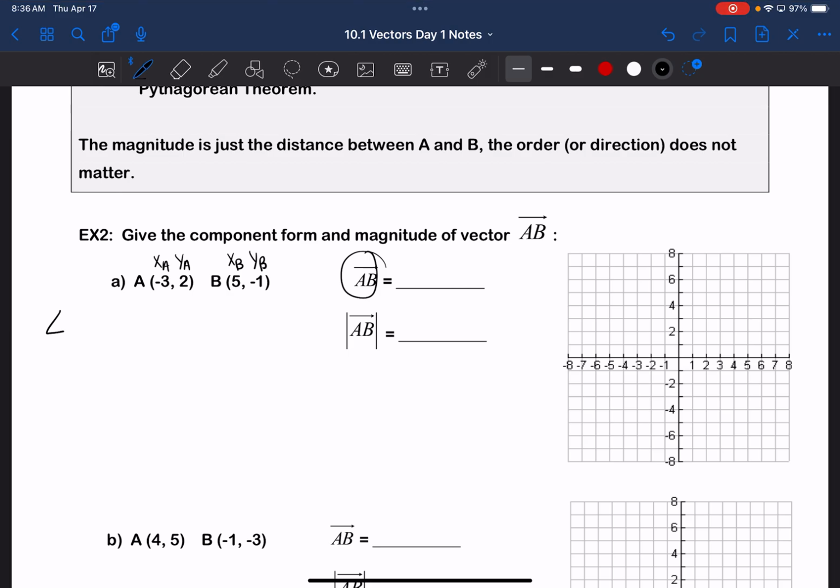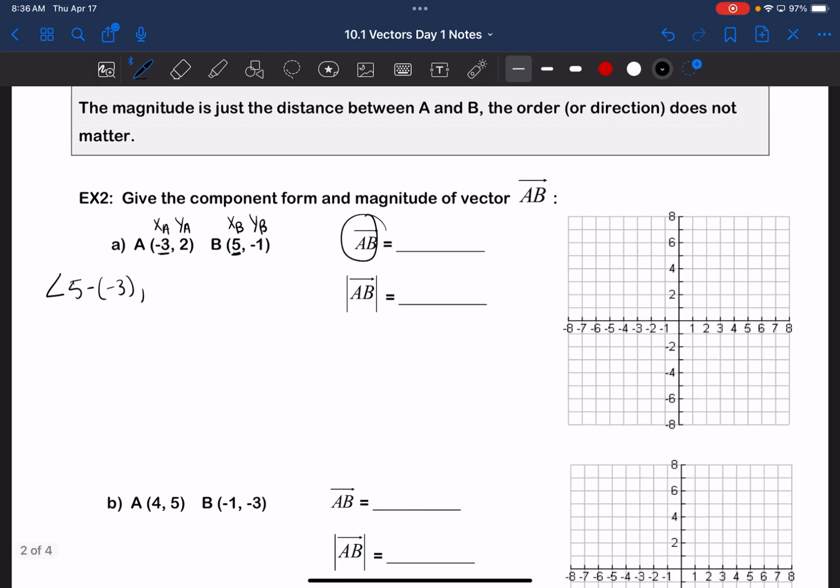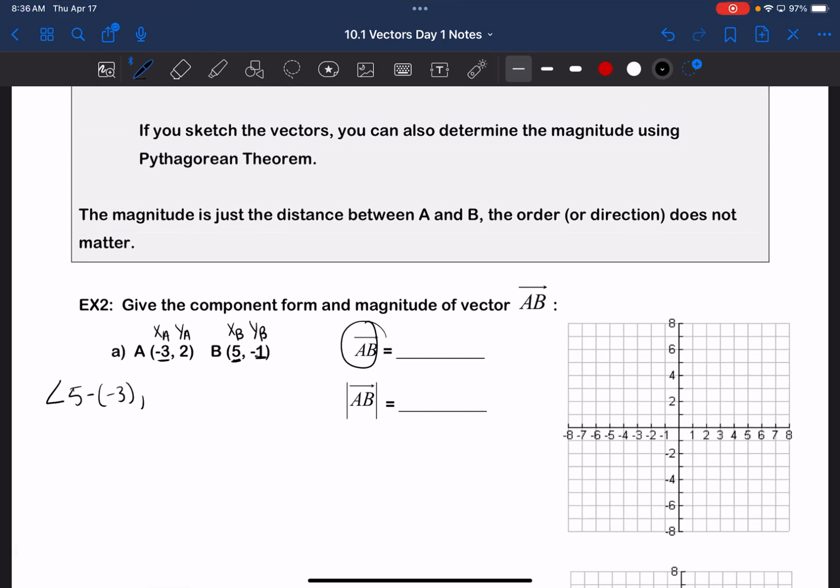They said that it would be XB, which for us is 5, minus XA, which for us is -3. And then for our y values, -1 minus 2. And then I would just simplify.